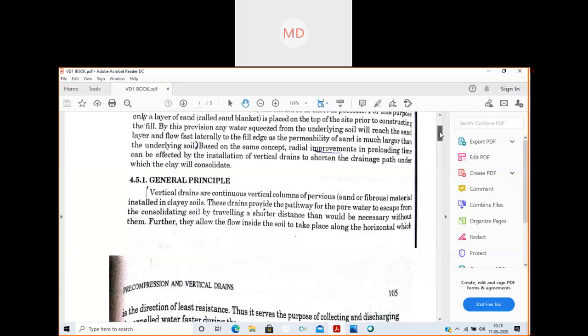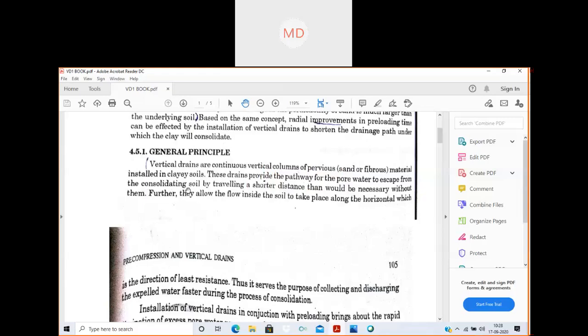Vertical drains are continuous vertical columns of pervious material installed in clayey soil. These drains provide the pathway for the pore water to escape from the consolidating soil by traveling a shorter distance than would be necessary without them. Further, they allow the flow inside the soil to take place along the horizontal, which is the direction of least resistance.